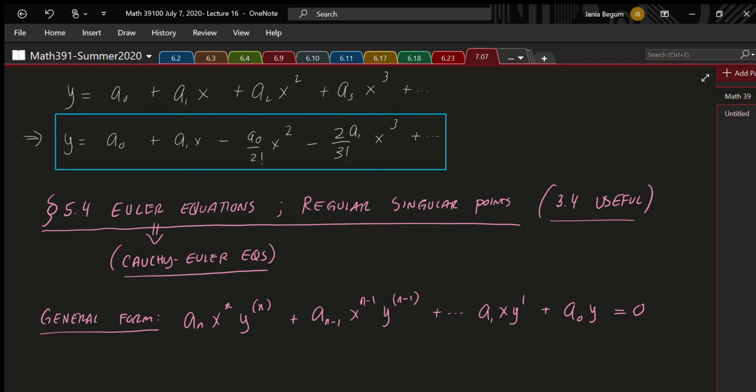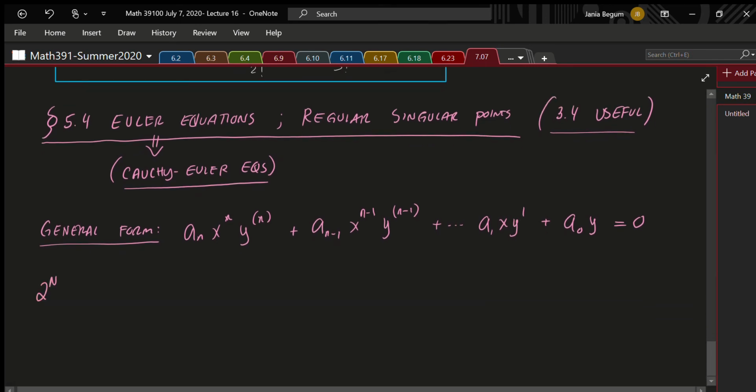Now, what is an Euler equation? We're only going to be dealing with the second order Euler equation. It has a very specific form. The second order Euler equation has the form x squared y double prime plus beta x y prime plus gamma times y equals 0.